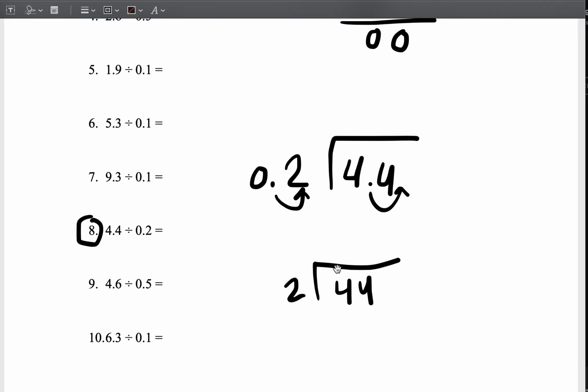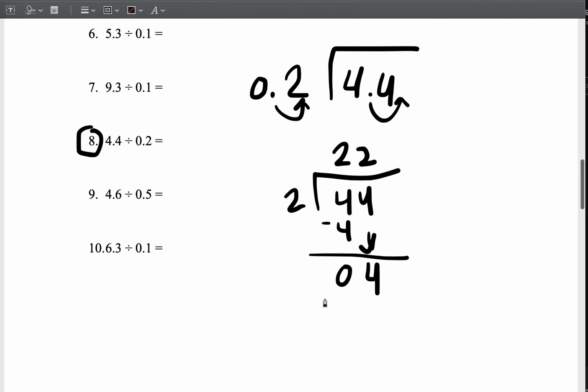So 2 goes into 4 2 times. 2 times 2 is 4, minus 4, 0, and then bring down the 4. And then 2 goes into 4 again 2 times. 2 times 2 minus 4 is 0. So the answer to number 8 is 22. Just have to practice this a little more.